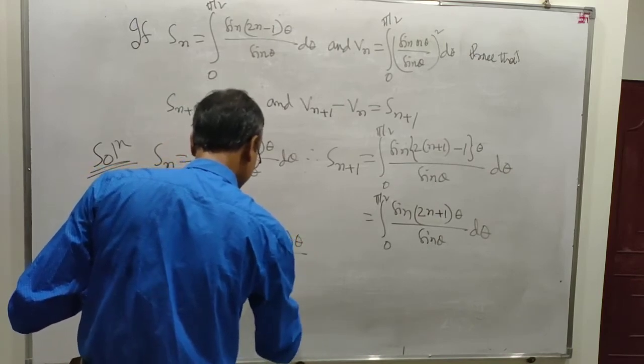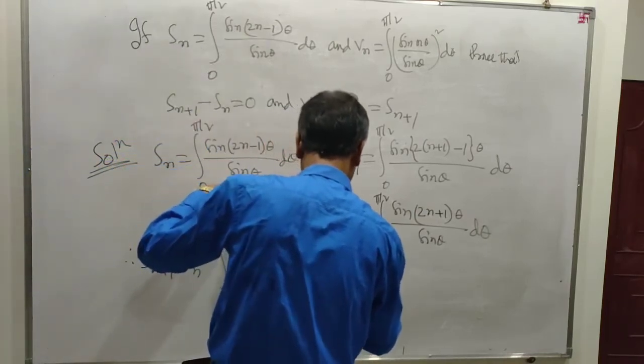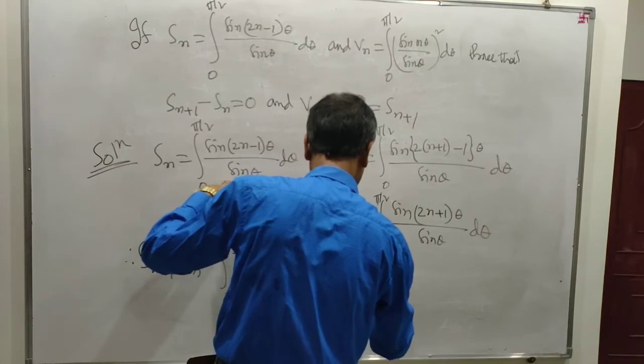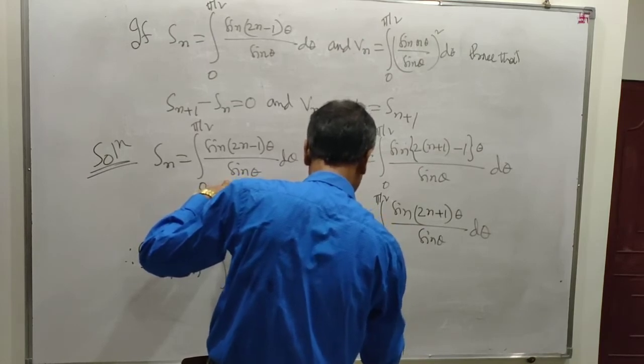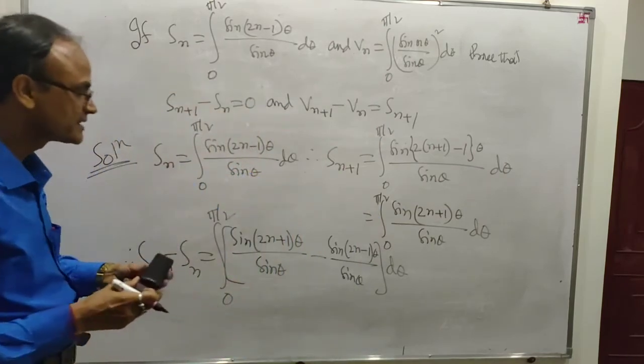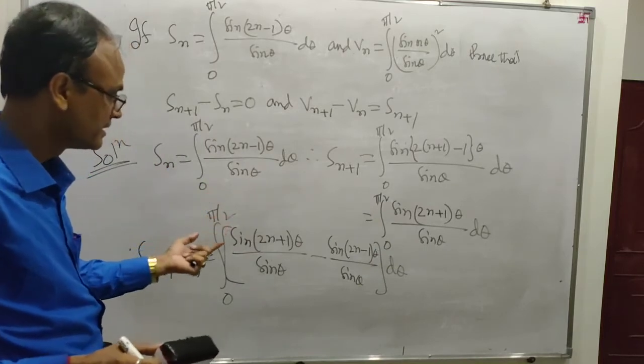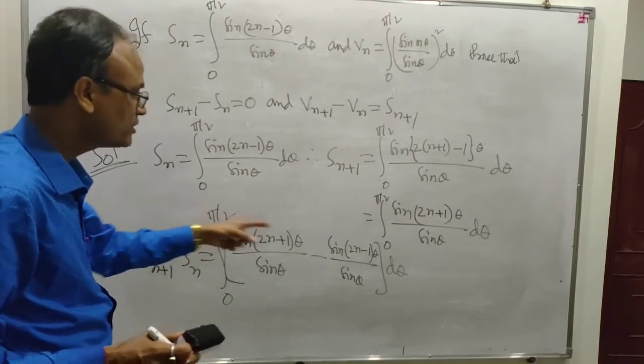Theta divided by sin theta, minus sine twice n minus 1 theta divided by sin theta. Skipping one step. This minus this. Take the integral common, we will get this one.